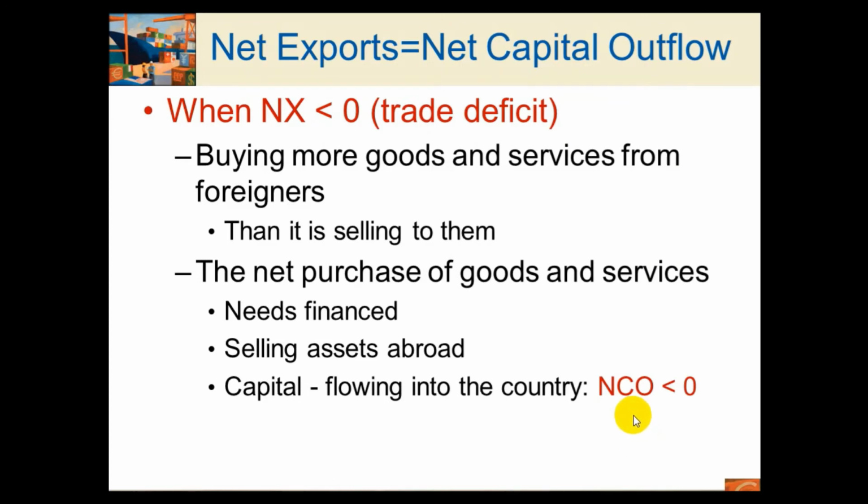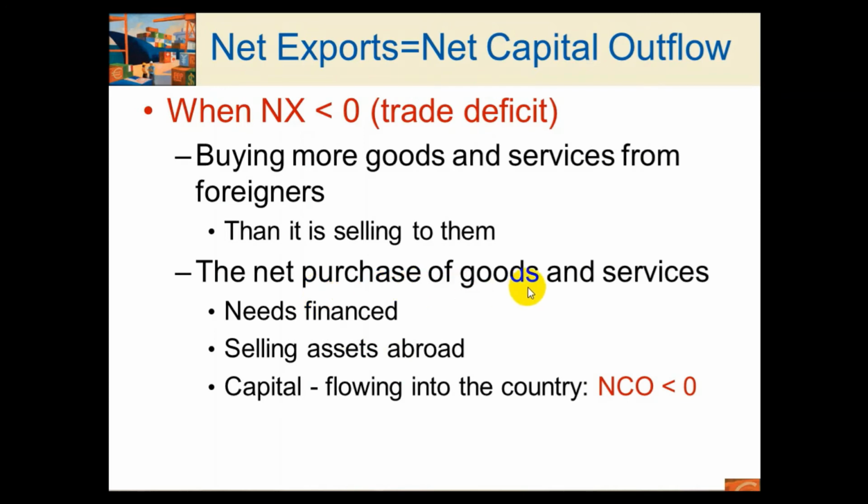This is the case for positive capital outflow; negative means the opposite. For example, when net export is negative, or a nation is running a trade deficit, the domestic economy is buying more goods and services from foreigners than it is selling abroad. In other words, there is an excess of imports over export.